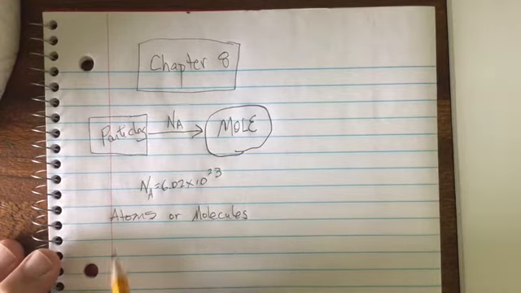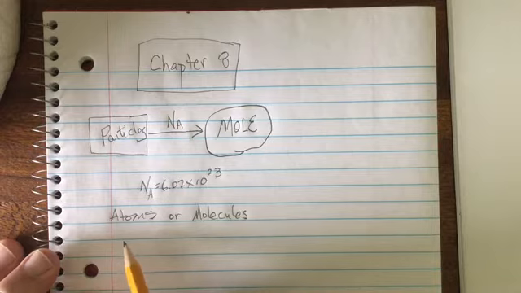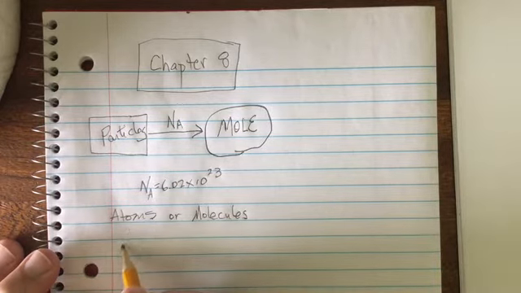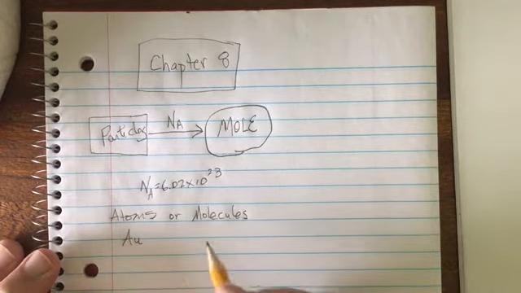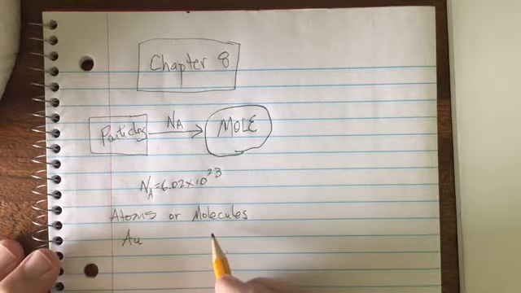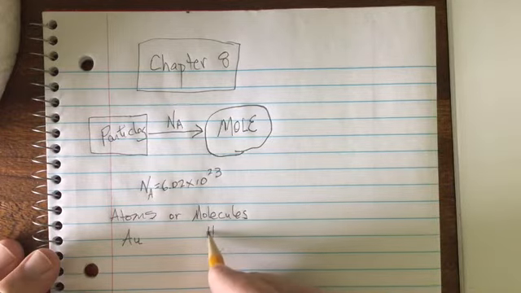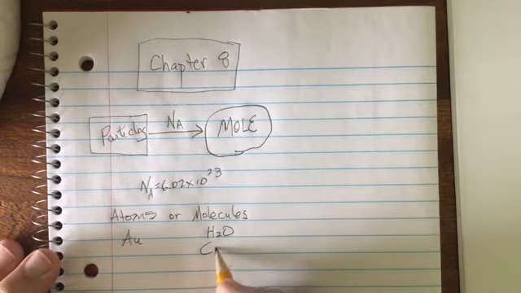We're talking about Avogadro's number of atoms if we're talking about the substance gold, magnesium, or sodium, or we talk about Avogadro's number of molecules if we're talking about substances with multiple types of atoms like water or glucose.